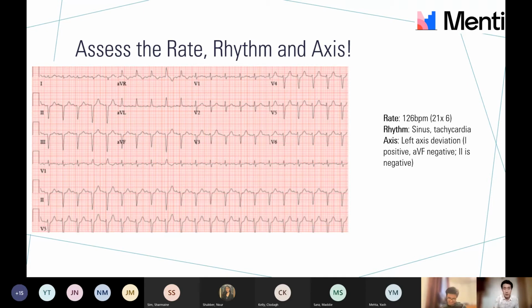Okay, so rate, rhythm, and axis, and then we'll go on to systematically talking through the rest of the ECG. We're making good time, which is good. Well done, team. The exciting bit is once you've done rate, rhythm, and axis. Well, I'll give you a bit more time. 2 people have answered, 3.